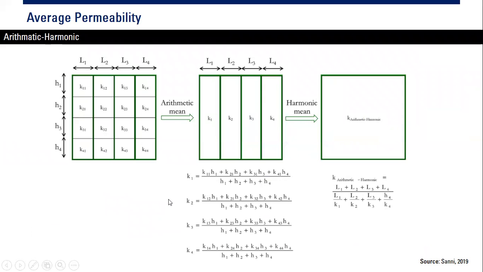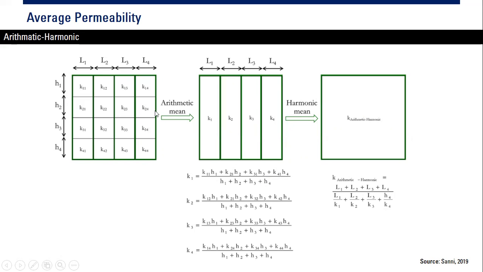So this is another depiction. First, if you start with arithmetic averaging and then continue with harmonic averaging, then it will be like this. If you have these 16 layers or 16 units, you start with this one, different permeability with different thickness.